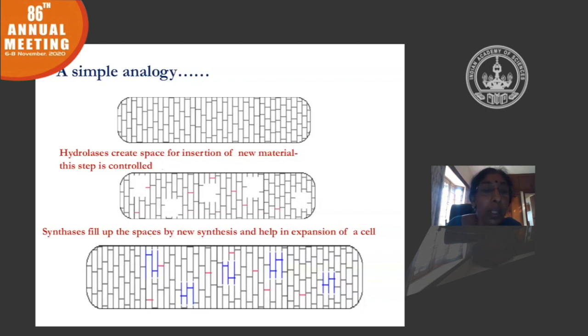You can see that if the hydrolases cleave the cell wall without synthesis, it is lethal to the cell.